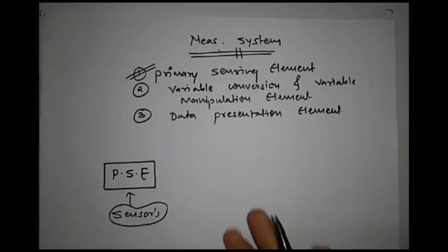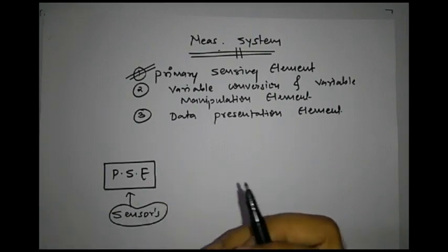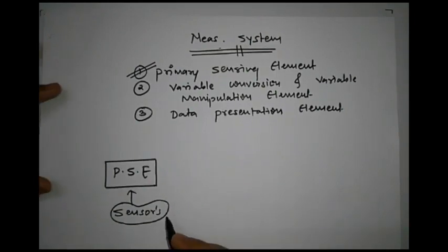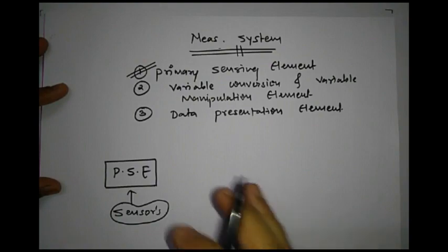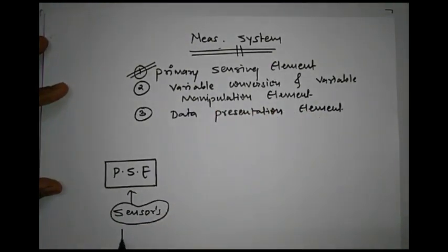To sense the value of the unknown quantity. For example, if you are trying to measure the value of room temperature, for that we require some temperature sensors. So temperature sensors are the elements available in the primary sensing element. Now the output of sensors is basically in some physical form. To convert that physical quantity into an electrical signal, we require one more element which is available in the primary sensing element, and that element is nothing but the transducer.